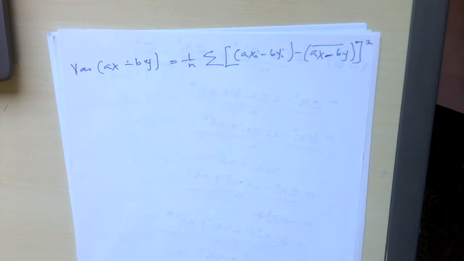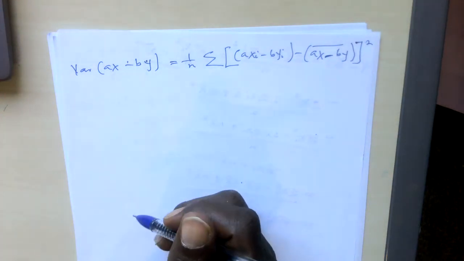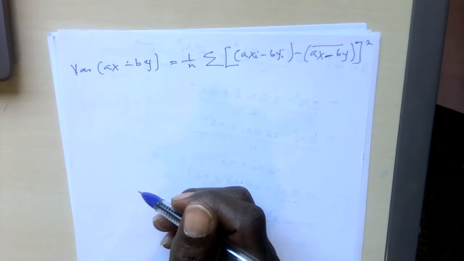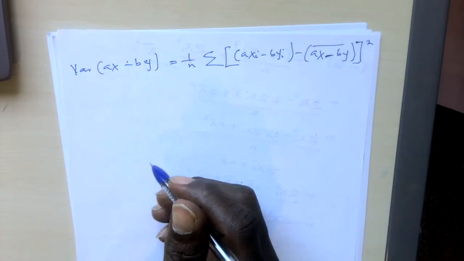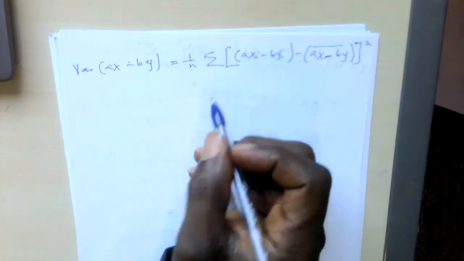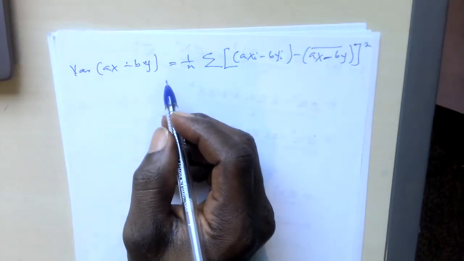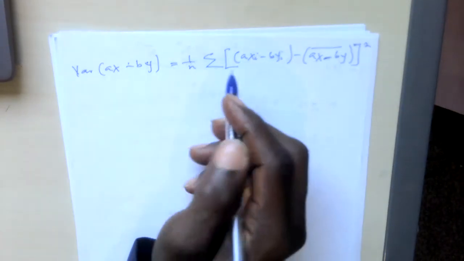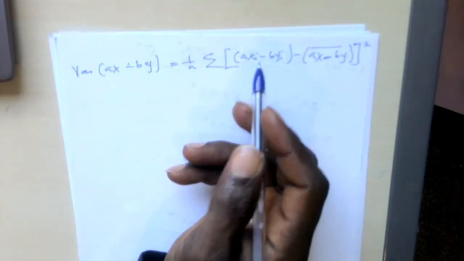So from here, what we can do actually is we can open up this bracket, right? Open up this guy. Yeah, so let's open it up. That's okay from here, yeah. So we can open up this.